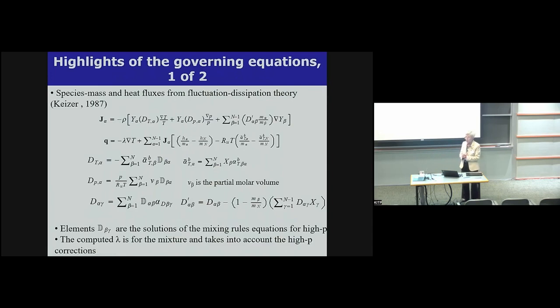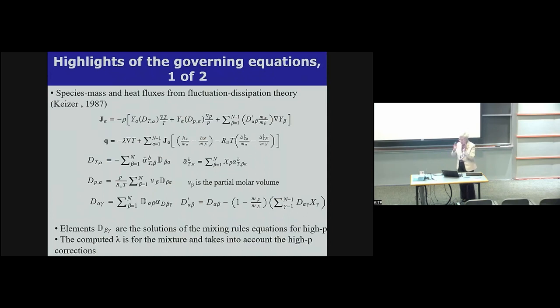So we derive these fluxes from fluctuation dissipation theory. They're totally consistent with non-equilibrium thermodynamics and with the Onsager relationship connecting fluxes and forces. And what we use are the Stefan-Maxwell fluxes.